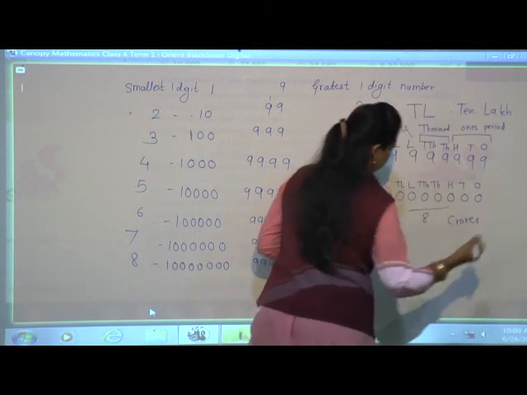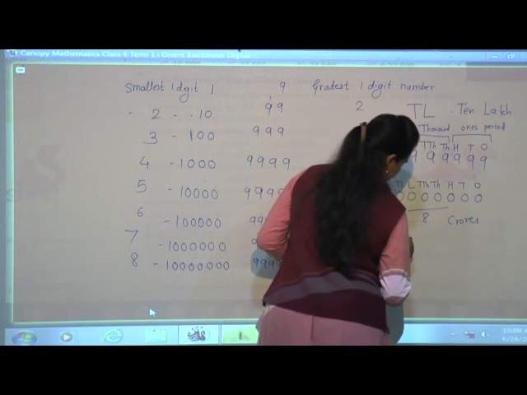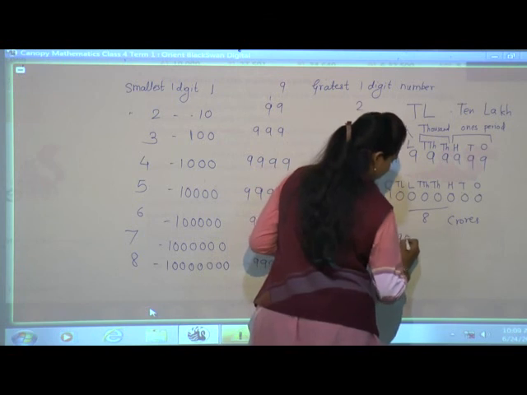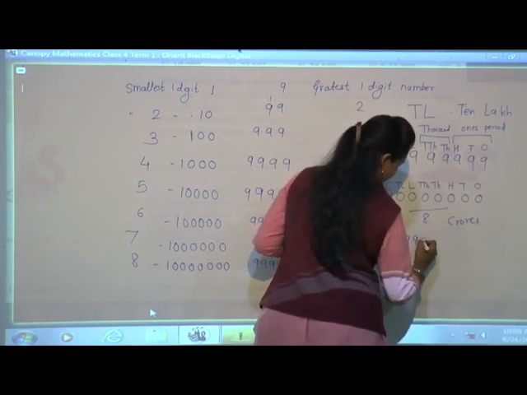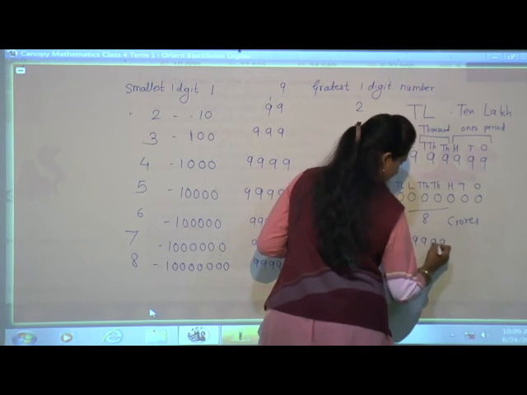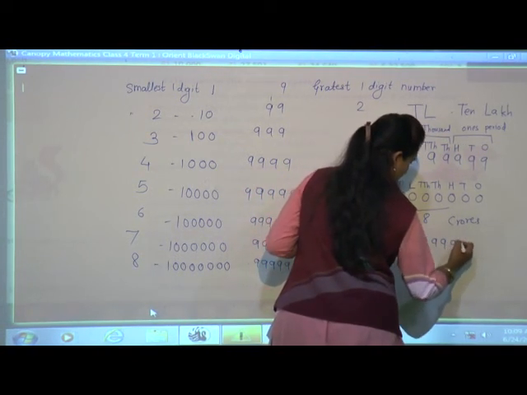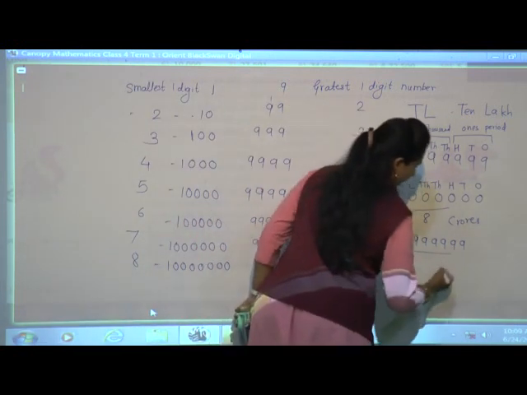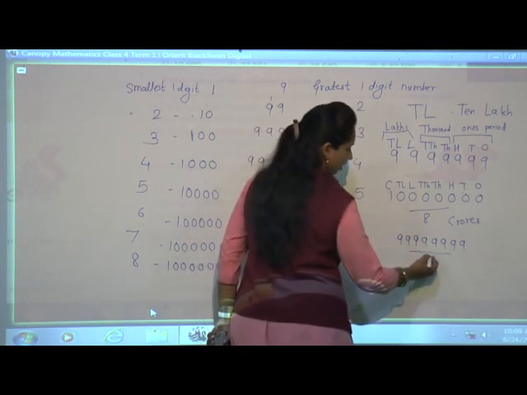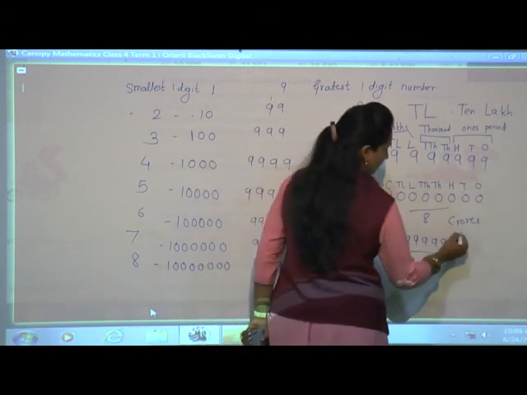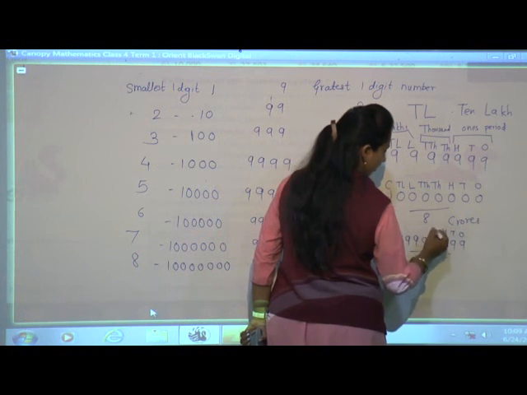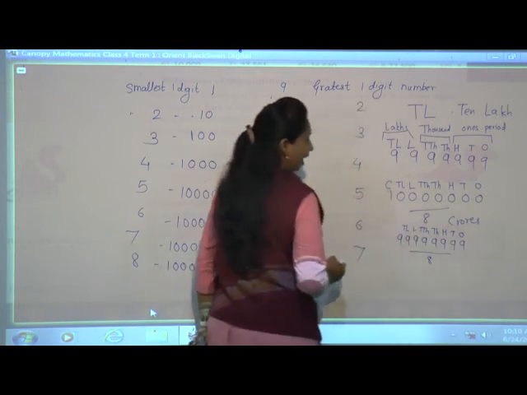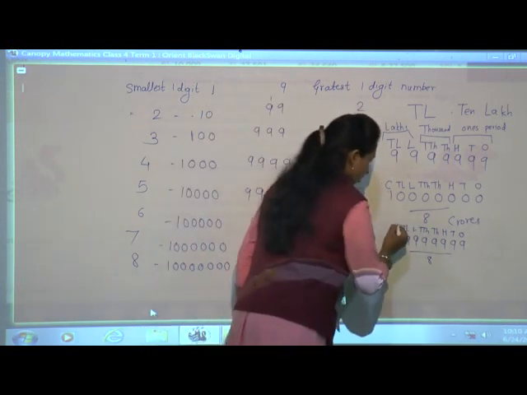This is the 8 digit greatest number, 8 digits are there. I'll write the place values: ones, tens, hundreds, thousands, ten thousands, lakh, ten lakh, and now here crore.